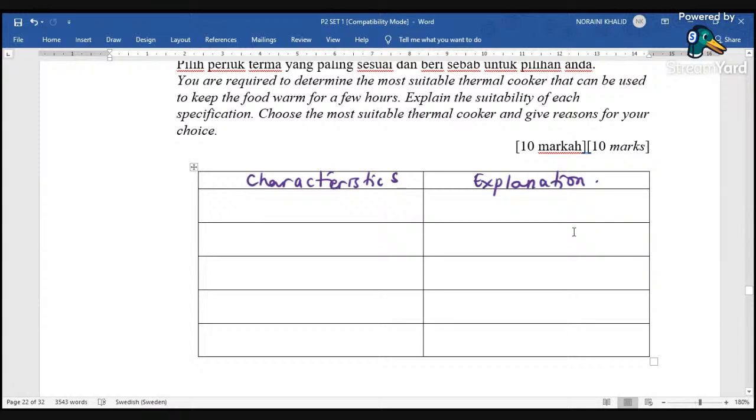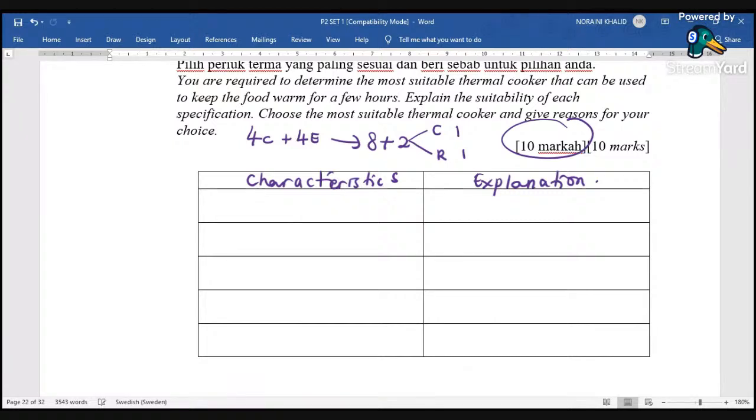We can see the points clearly. As you can see from here, 10 marks given means 8 plus 2. There are 4 characteristics means 4 characteristics plus 4 explanations. So this will give you 8 marks. This one, choose one and give a reason, 1. So the total is 10 marks.